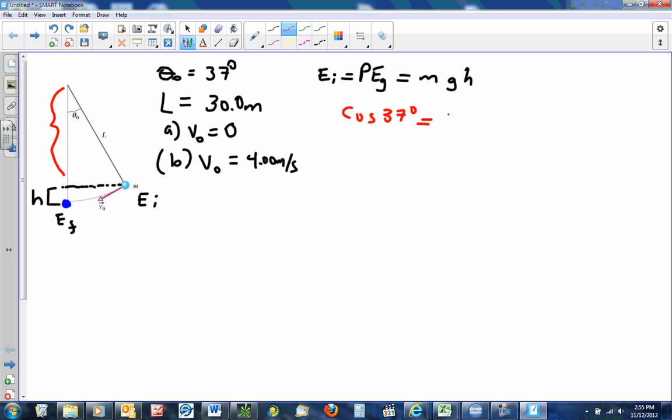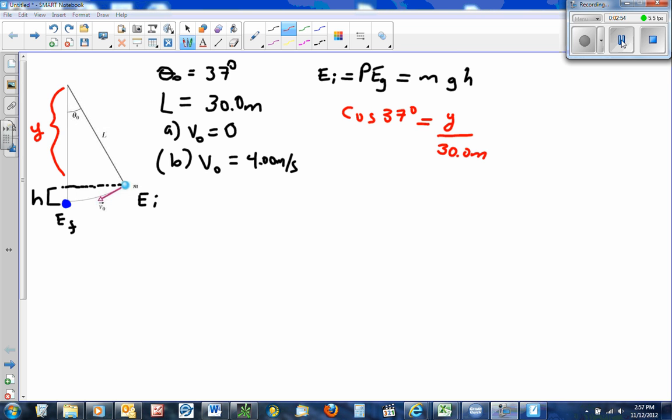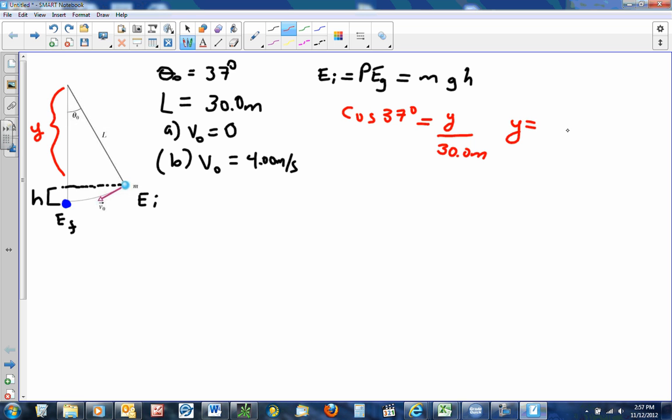We'll just call it y, over the hypotenuse, which is 30 meters. So if we take 30 meters times cosine of 37, we get 23.959. So y basically equals 24 meters.